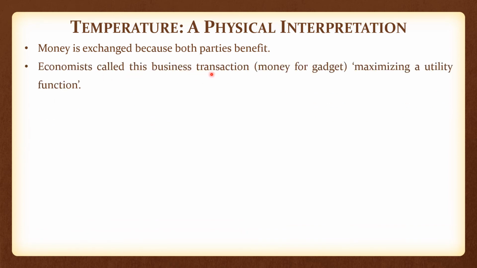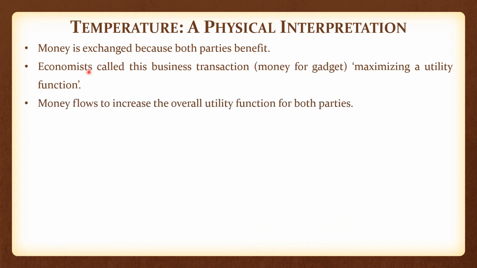Economists call this business transaction, say money for gadget, as maximizing some sort of a utility function, this benefit. So both parties' benefit has to get maximized in the business transaction. That is the ultimate goal. Money flows so as to increase the overall utility function for both parties.